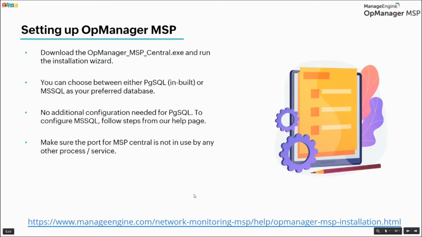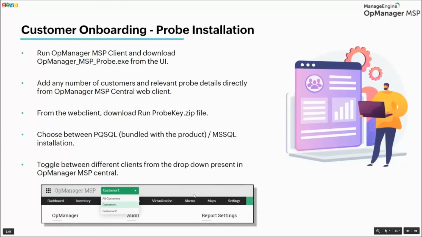And the next important thing, after installing the Central OpManager MSP, is that we have to onboard our clients with various probes. So the first thing we have to do is download the OpManager MSP probe installation from the Central UI or from the OpManager official website, and then start installing it.